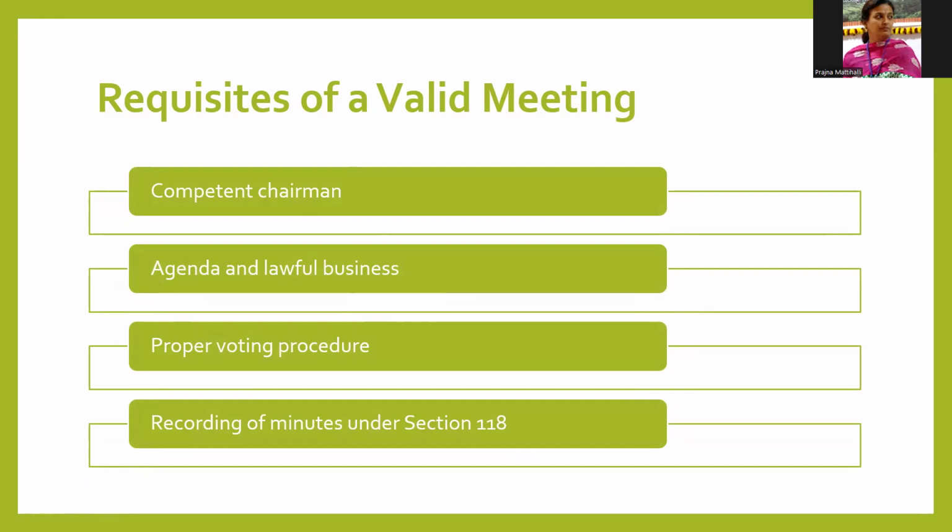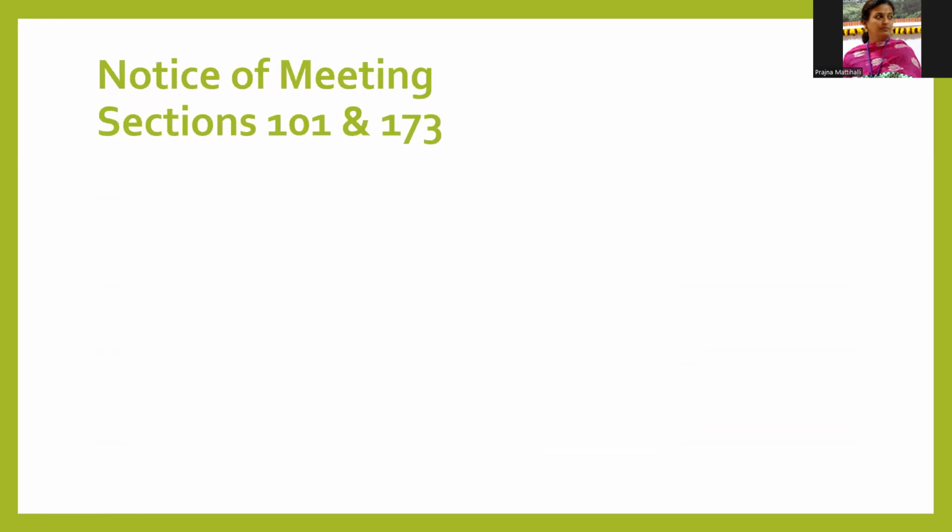There should be a chairperson in the meeting compulsorily. He should look after the proceedings. Agenda and lawful business should be there. Agenda means the matter to be discussed in the meeting. Proper voting procedures are to be followed, and there should be recording of minutes under section 118. Let us discuss all these things one after the other.